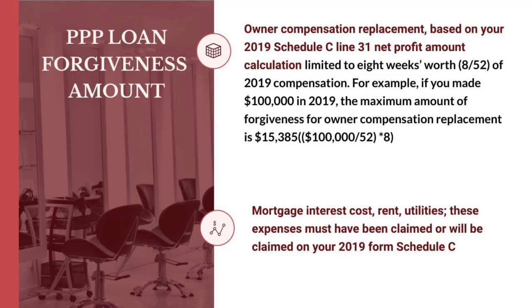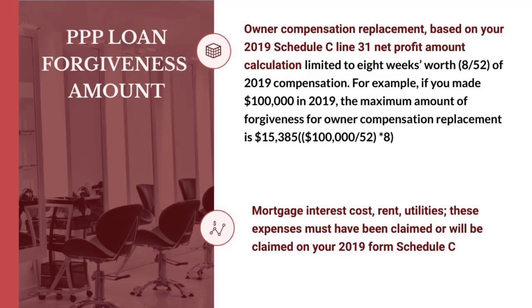So just to recap, the amount of money that you're getting for the PPP loan has to be used for pretty much 4 main items. 1 is to pay yourself, your owner's compensation. 2 is to cover any rent you have to pay. If you're a booth renter, that would include rent to your salon owner, and cover utilities.